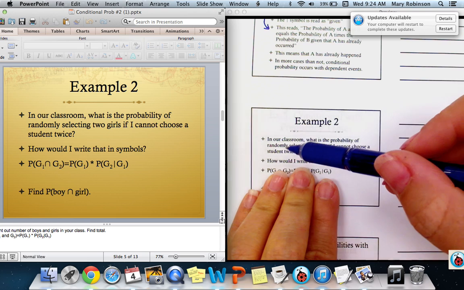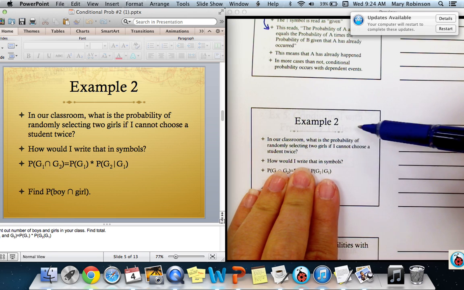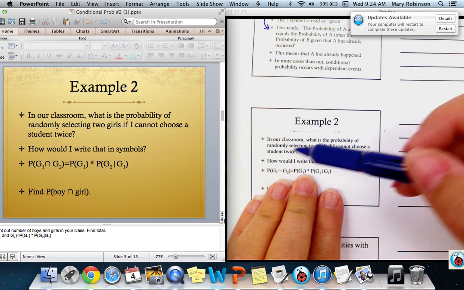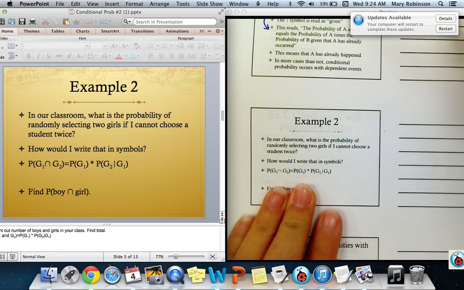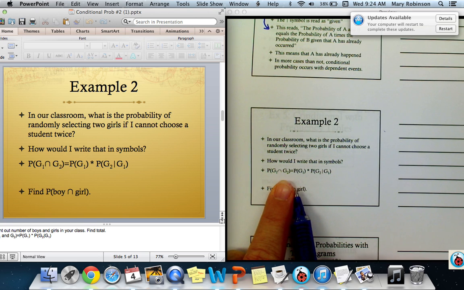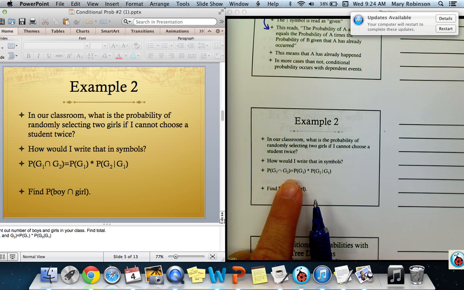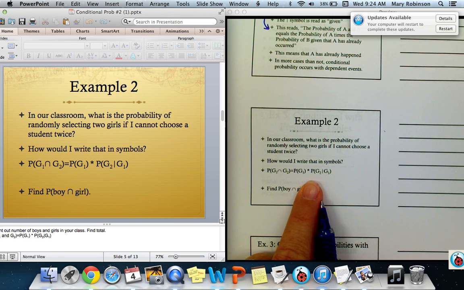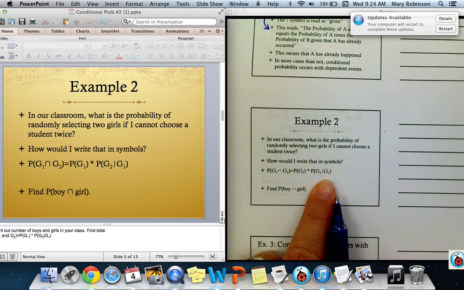In symbols, we are going to denote the first girl and the second girl using subscripts. So this is the probability of girl 1 and girl 2, which would be equal to the probability of girl 1 times the probability of girl 2, given that a girl was picked first.